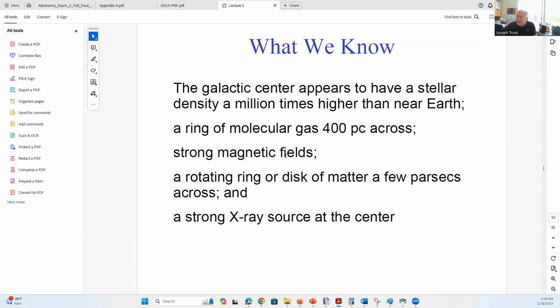The galactic center appears to have a stellar density about 1 million times higher than near the Earth, right? So there's a whole bunch of stars in there. And there's a ring of molecular gas about 400 parsecs across, and it has strong magnetic fields and a rotating disk of matter a few parsecs across, and a strong X-ray source.